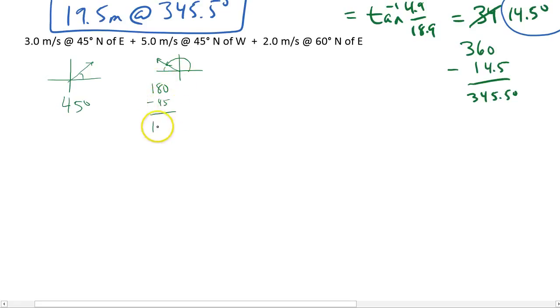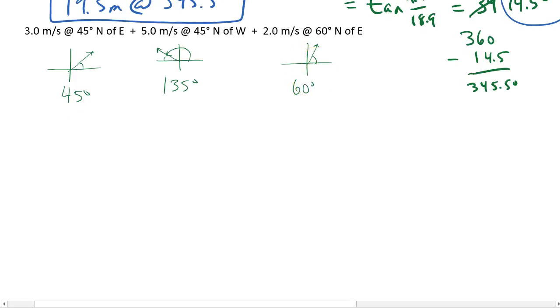So I'll get 135 degrees. So for my second one, my angle will actually be 135 degrees. My last one again is north of east. So like I said before, when we do north of east, it's in the first quadrant, so it's still 60 degrees.